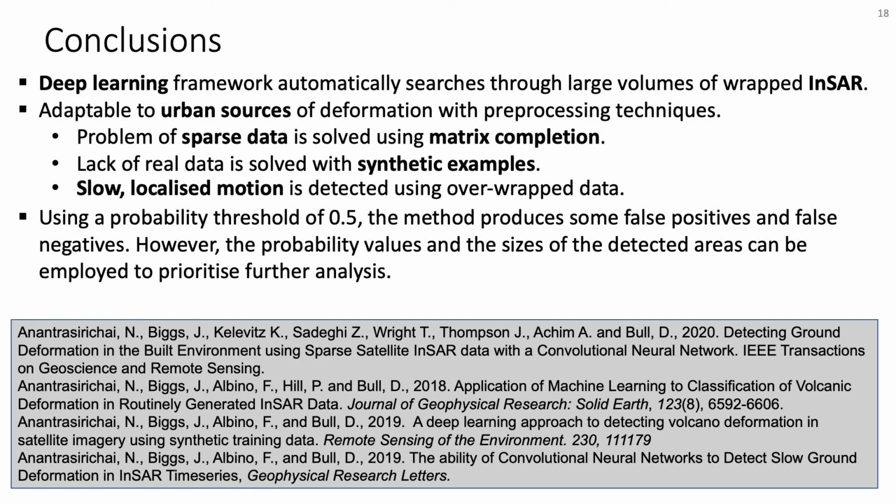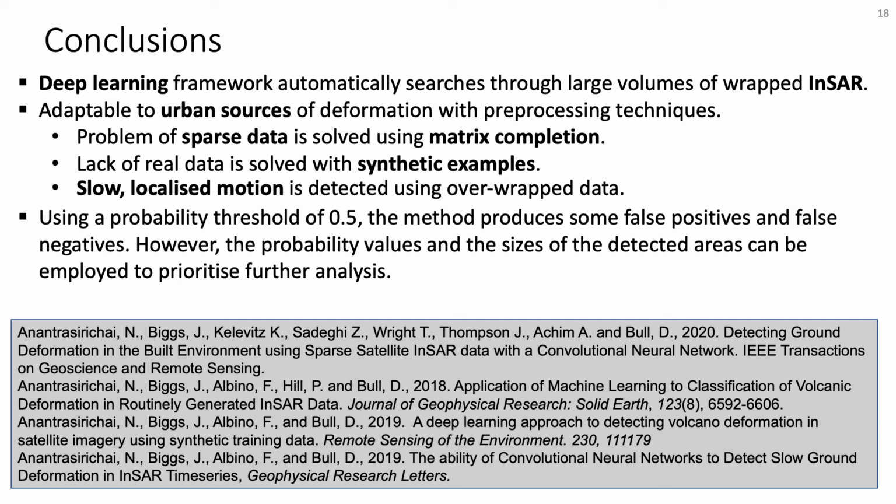So in conclusion, we demonstrate the feasibility of using a CNN approach to detect ground deformation in urban and semi-urban areas in the UK. We analyze characteristics of the data and propose several adaptations to the previously developed deep learning methods.